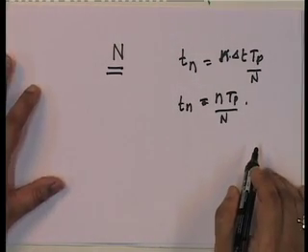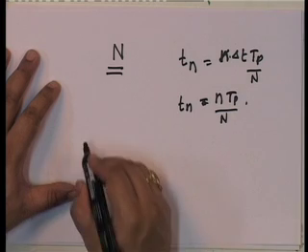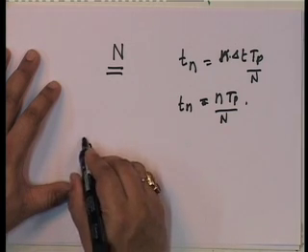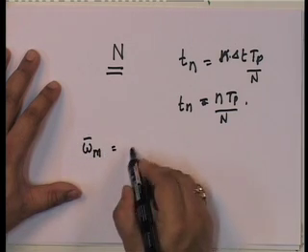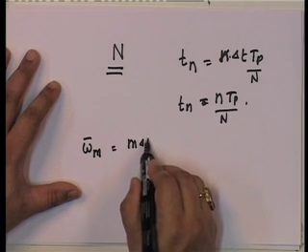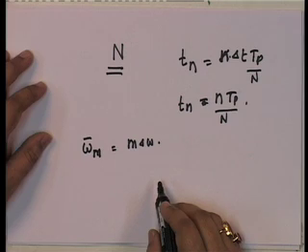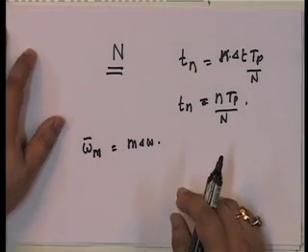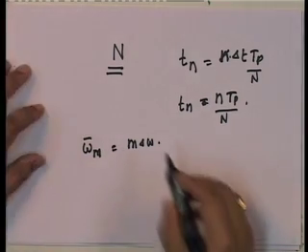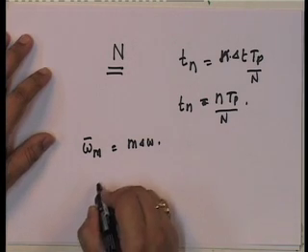Okay. Similarly, if I want to look at omega bar m, that is equal to m into delta omega bar.